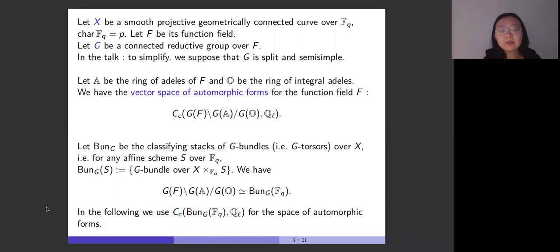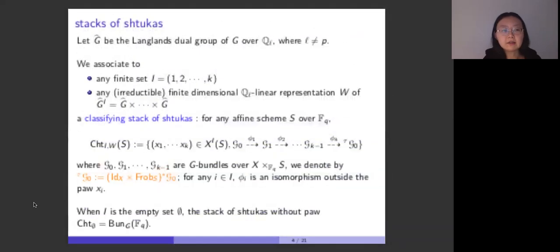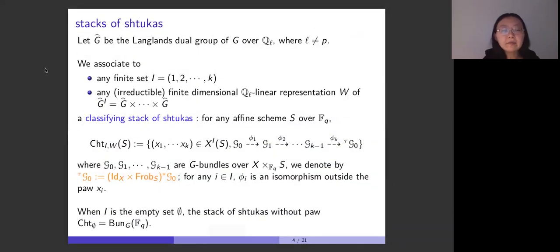And the stacks of shtukas are some kind of generalization of the F_q-points of Bun_G. So here they are. To define the stack of shtukas, we will need the Langlands dual group of G. So we denote G hat the Langlands dual group of G over Q_l.